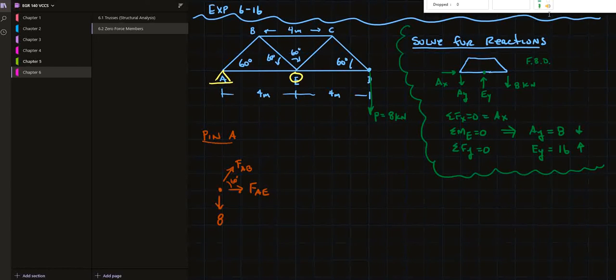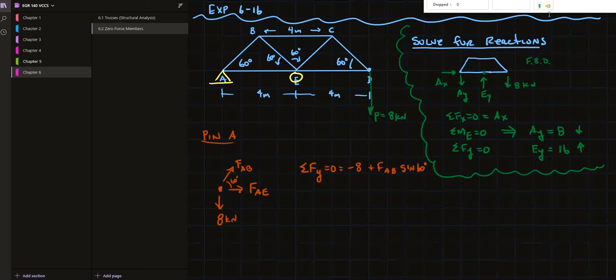Okay, starting out at pin A, I have 8 kilonewtons down, and then these 2 element forces. So always start out with them in tension. Sum of forces in the y direction equals 0 equals minus 8 plus F_AB sine of 60 degrees. You have to keep your angles correct.